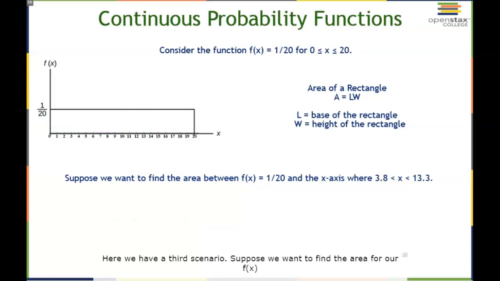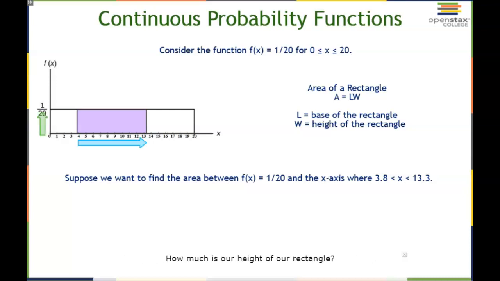Here we have a third scenario. Suppose we want to find the area for our f of x equaling our 1/20th and our x-axis where it's 3.8 to 13.3. None of the math has changed, just the numbers. So our area is still a rectangle. We need to figure out how much is our base of our rectangle, how much is our height of our rectangle, multiply the two of them together to get our probability, our area under our curve, the purple area.